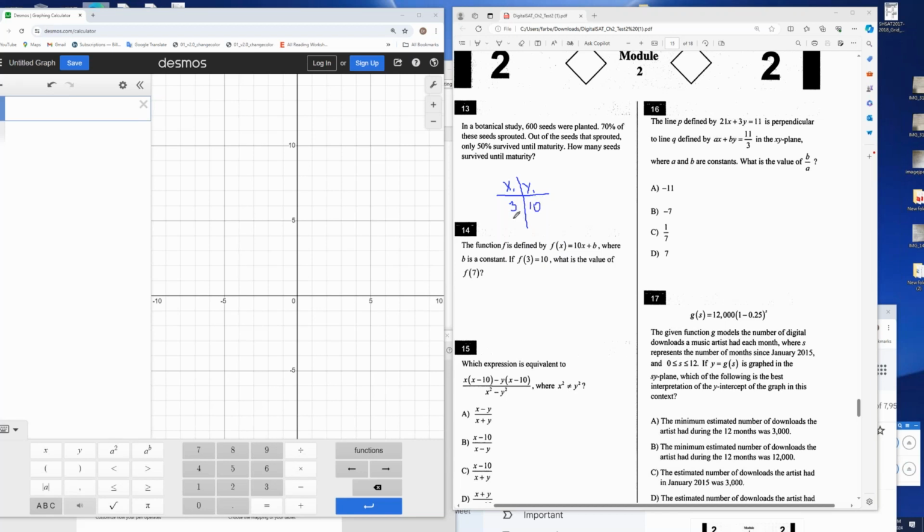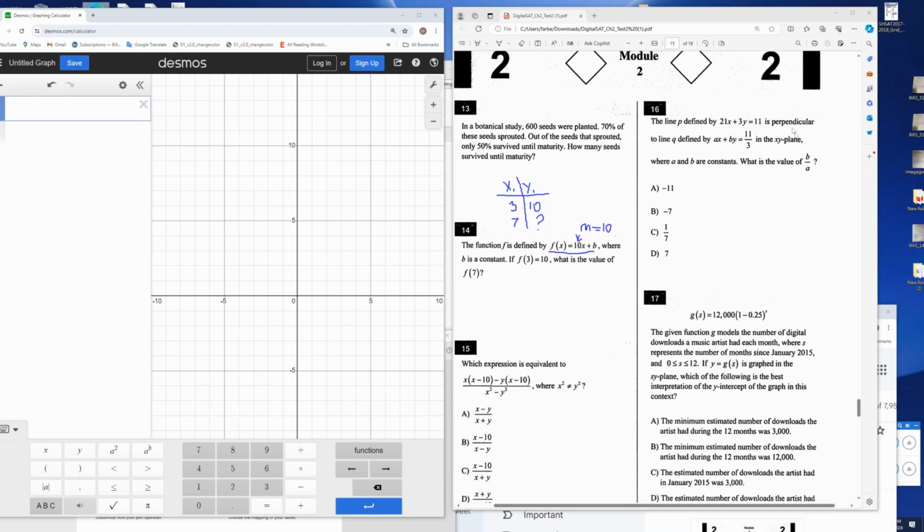When x equals 7, y I have no idea. But what we know about this, we have this one. And according to this, I know for sure m equals 10. It's already given.